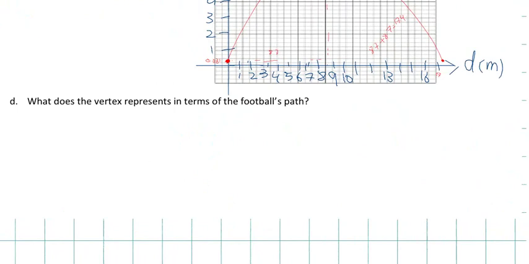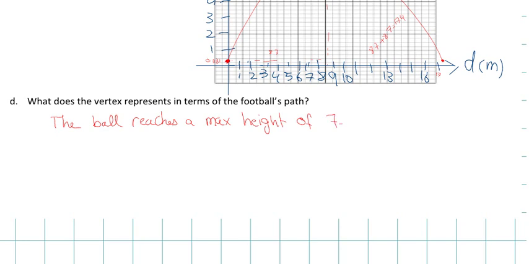The optimal value is the maximum height, right? So you're going to explain this as the ball reaches the maximum height of 7.6 meters.